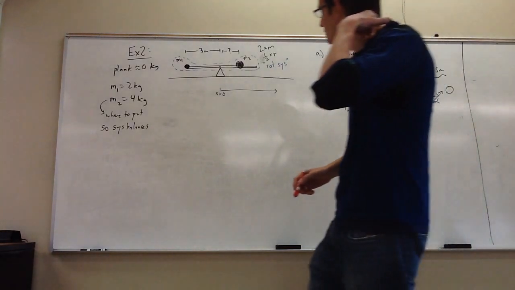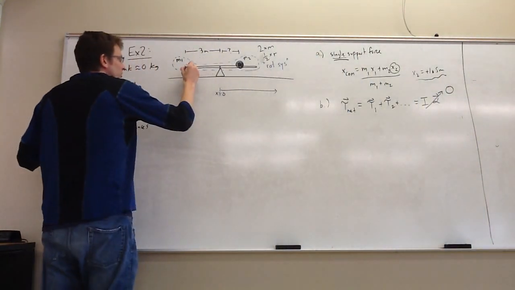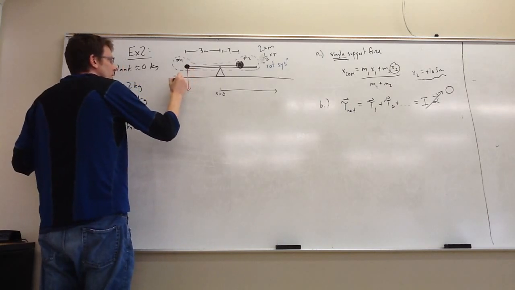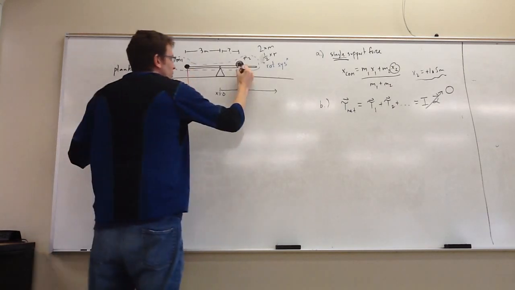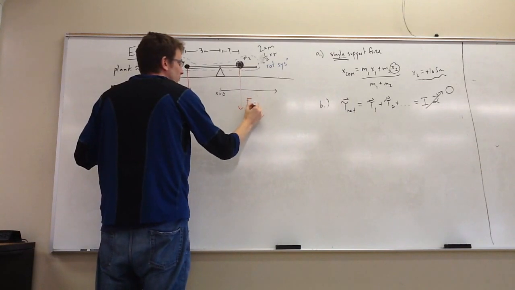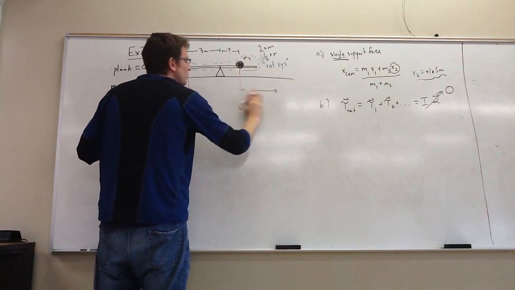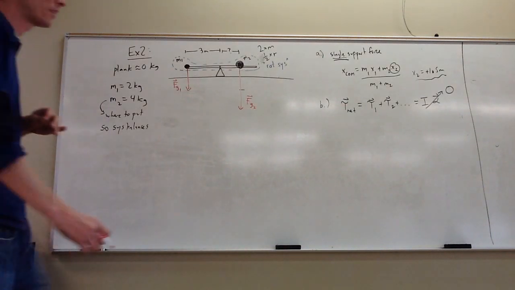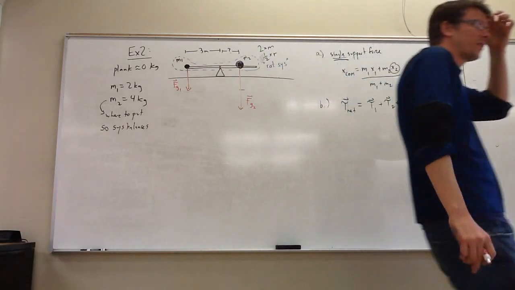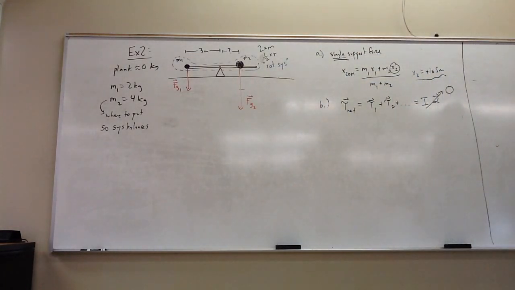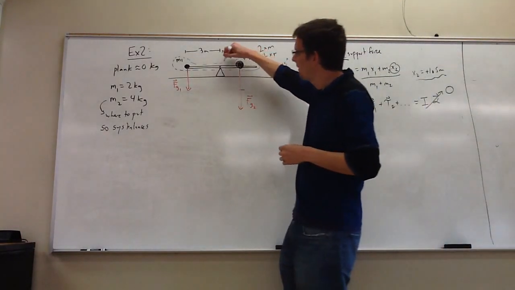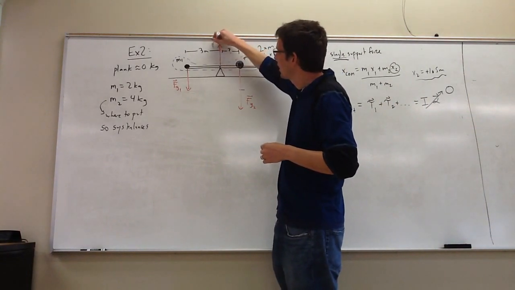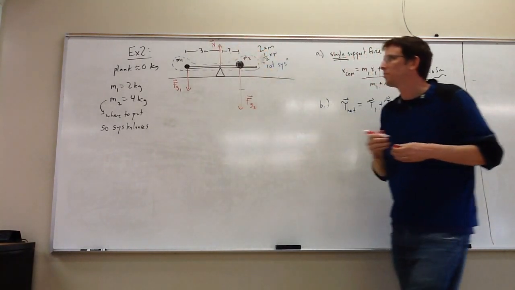Well, the force of gravity pulls here. I'll call that Fg1. The force of gravity pulls here. I'll call that Fg2. And of course, for full disclosure, those aren't the only two forces that act on the system, because if they were, the thing would be in free fall. There's one more force, and that's of course the support force. And that comes from the triangle, so it's above the triangle.